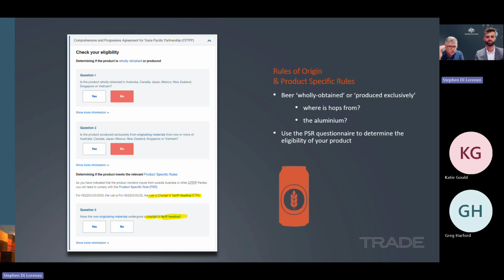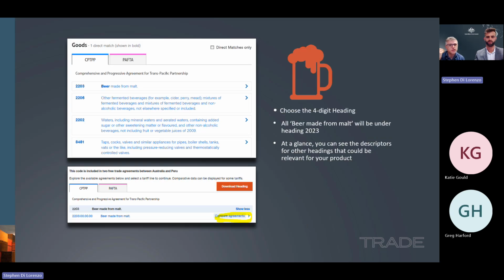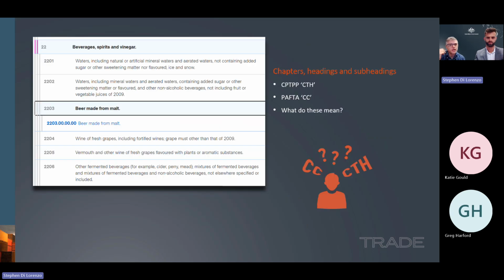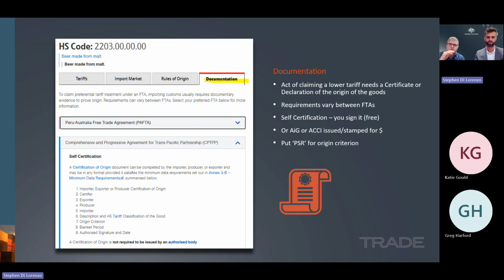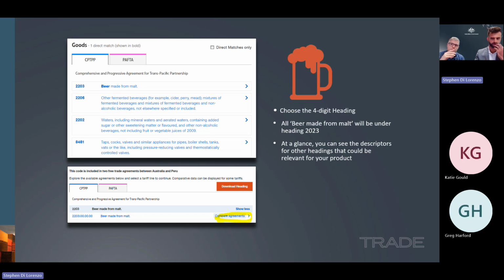So once you've determined your HS code, you've selected that. There are tariff rates. So different trade agreements can have different tariff rates. Anyway, there are different tariff rates, so you choose the one. Usually you'll choose the FTA with the lowest tariff rate, but there's another factor to consider.